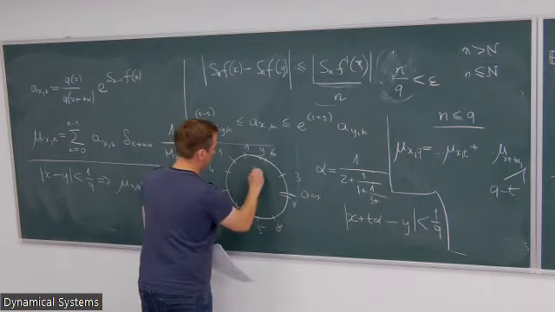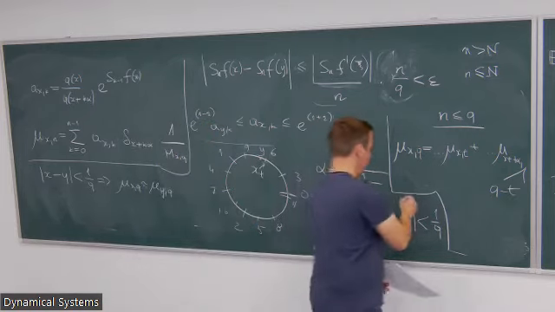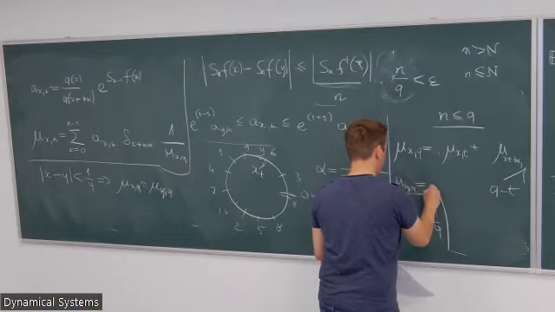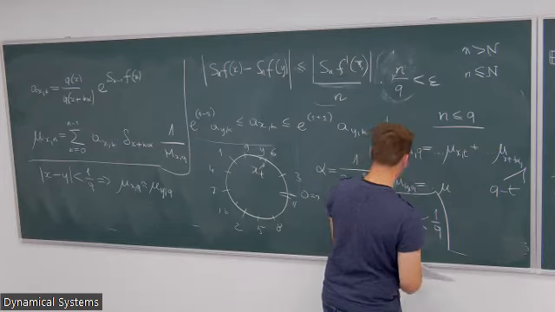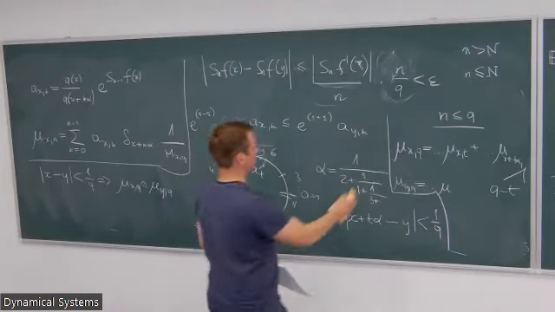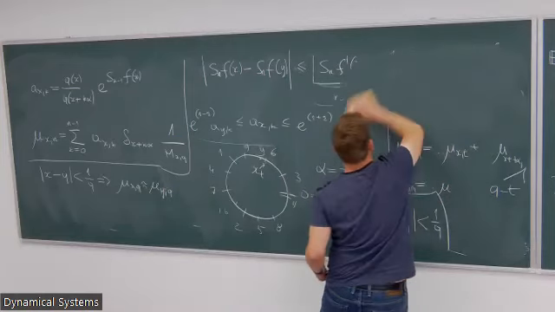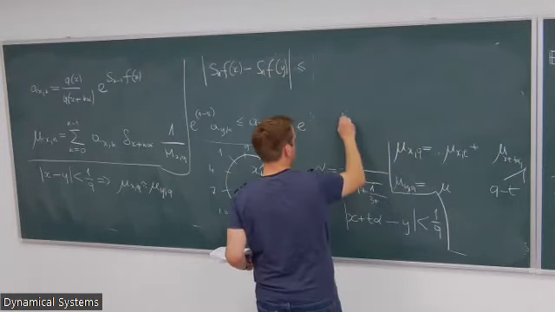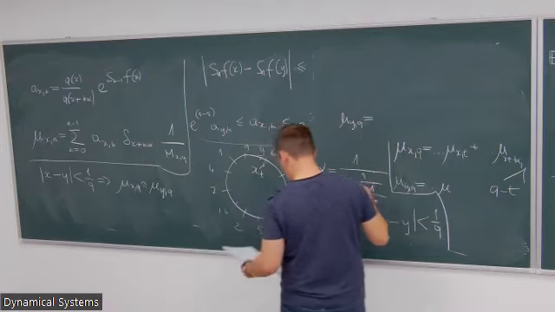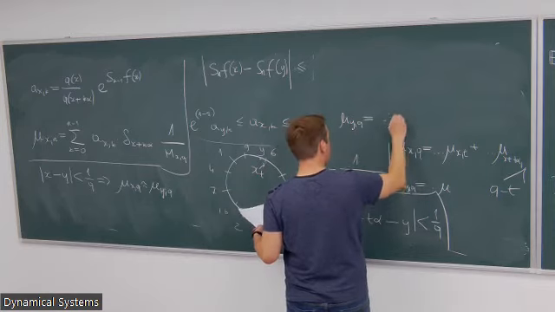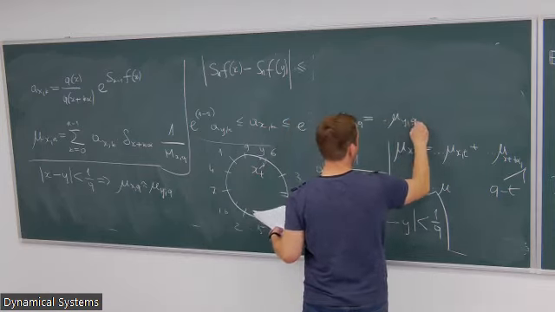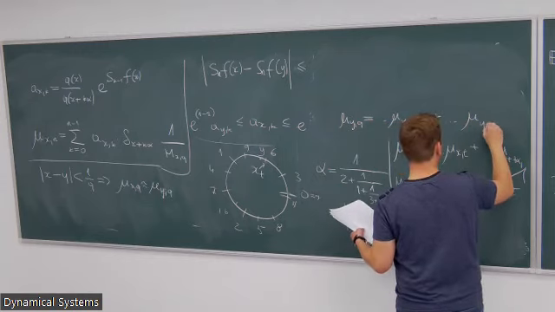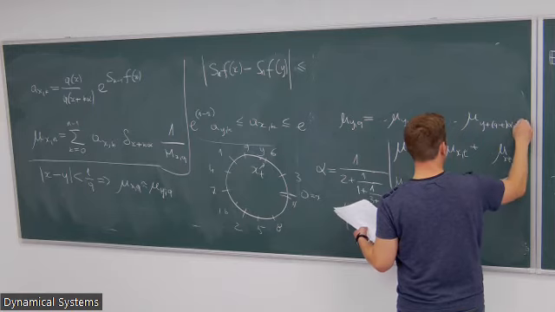Then we know that here is x t. mu y q is something, mu y q minus t, that's something, mu y plus q minus t alpha t.